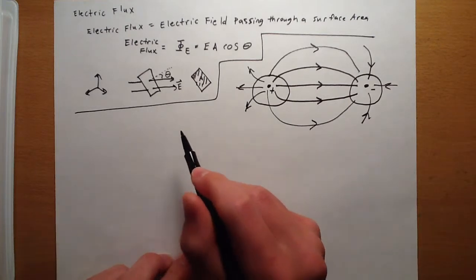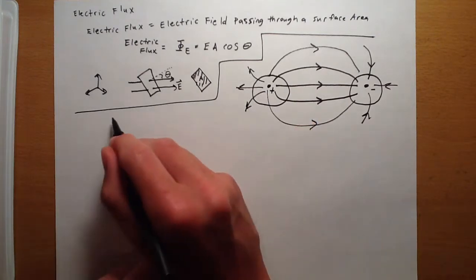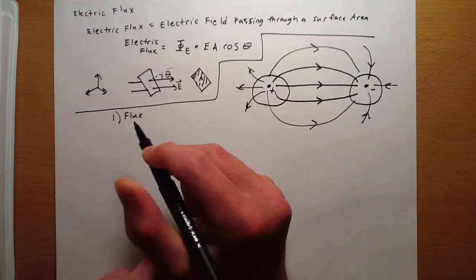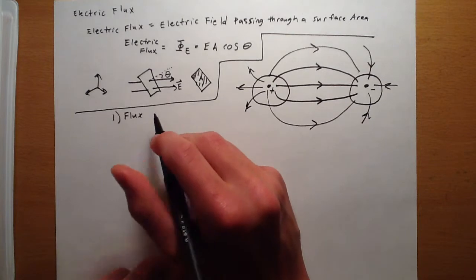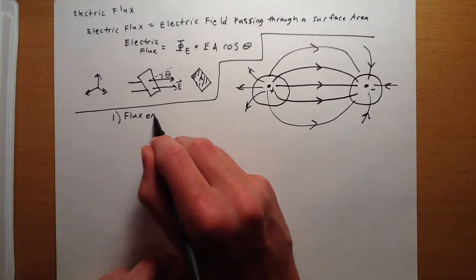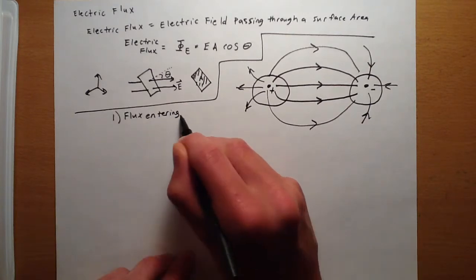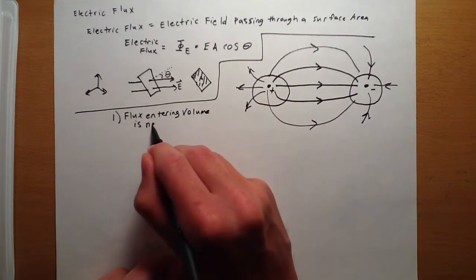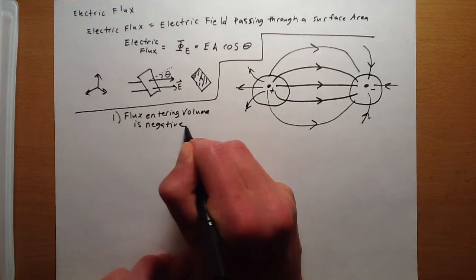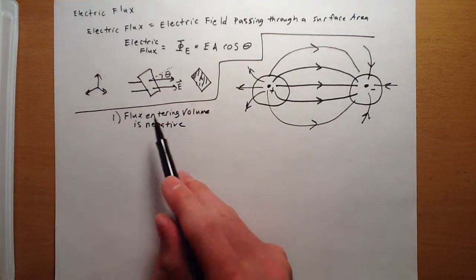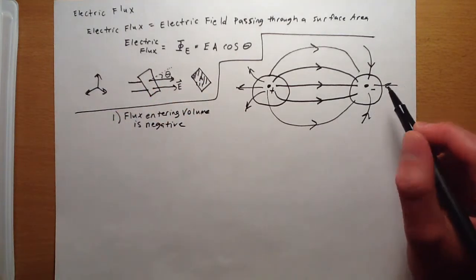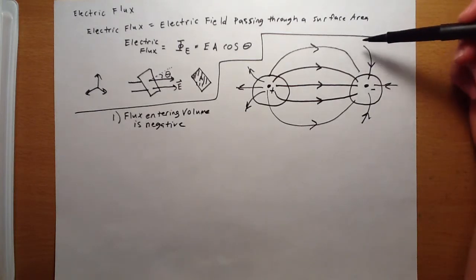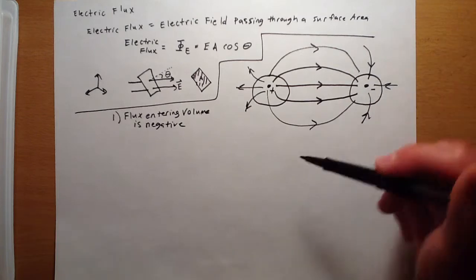So, we have a few principles we need to go over. The first is that flux entering the volume, or the sphere, is negative electric flux. So the flux of the sphere is negative, because electric fields are passing into the volume.